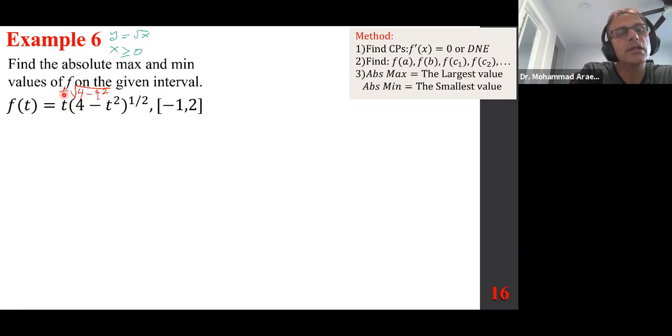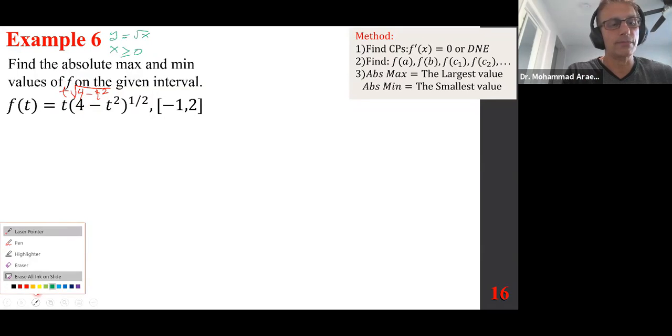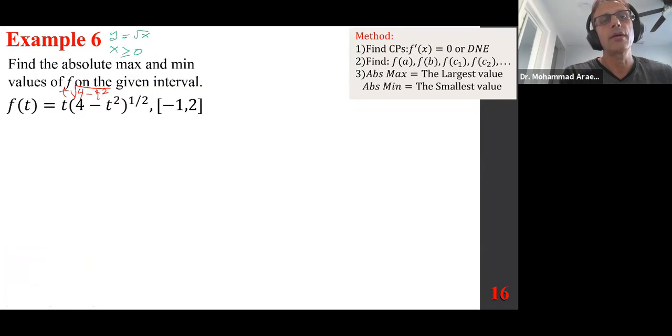This doesn't give us any restriction on t, but 4 minus t squared does, because it's a square root function, and therefore we are going to write 4 minus t squared larger than or equal to 0.